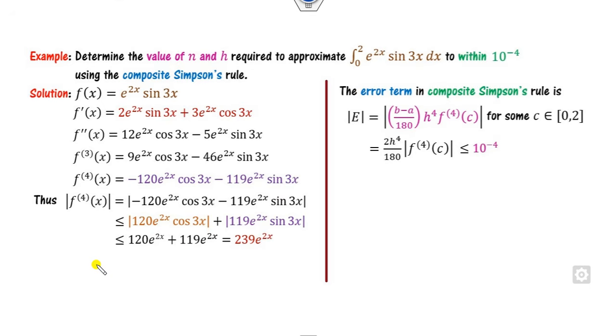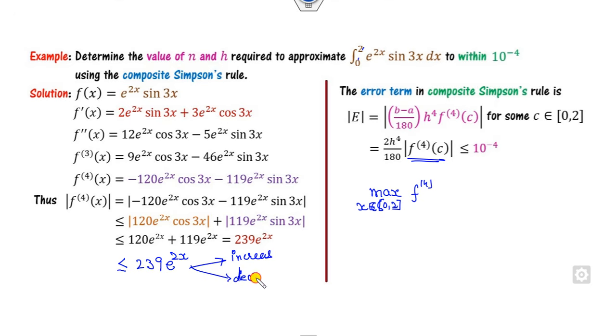Fine. Now since I can write this number here, your target is to find the maximum value of this function over the domain 0 to 2. So we have to check firstly whether this is an increasing function or a decreasing function. How can you check if it's increasing or decreasing? Clearly the exponential part is always an increasing function.